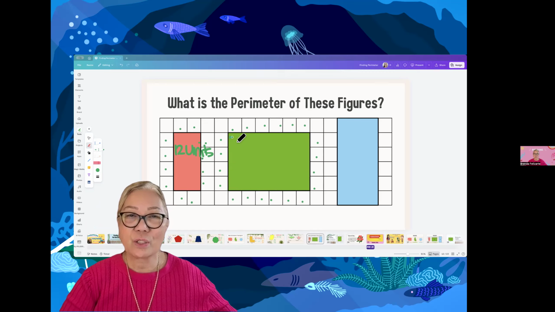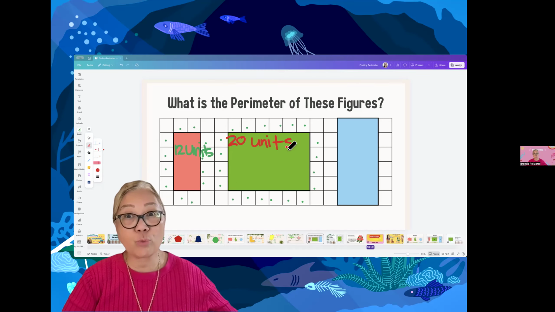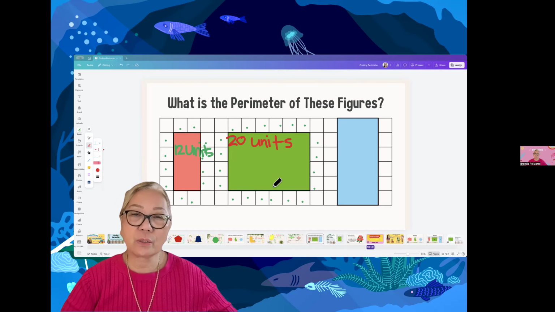So this is 20. Oh, it is green. Cannot be seen. 20 units. You can also, if you want them to find the units in its length and width, you can also do that.